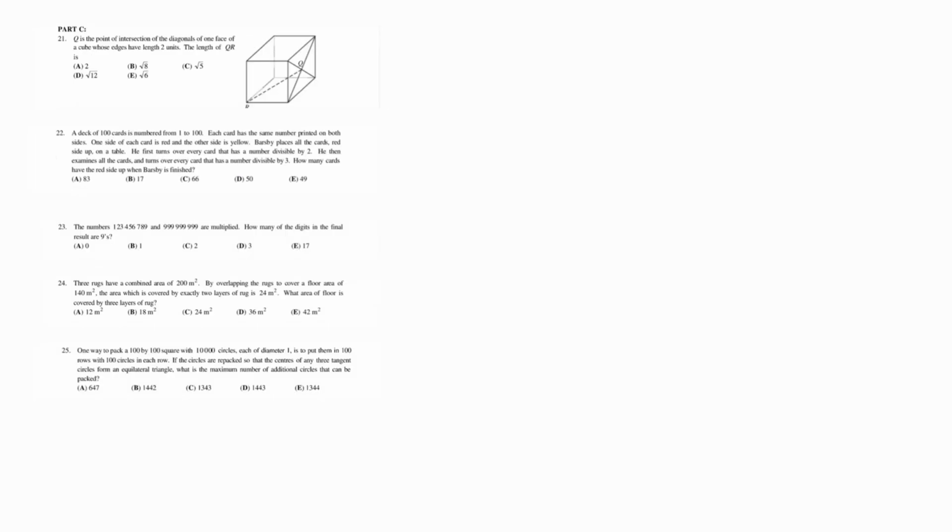Number 21. Q is the point of intersection of the diagonals of one face of a cube whose edges have length 2 units. The length of QR is? For the length of QR in the cube, we draw the perpendicular line to the base.